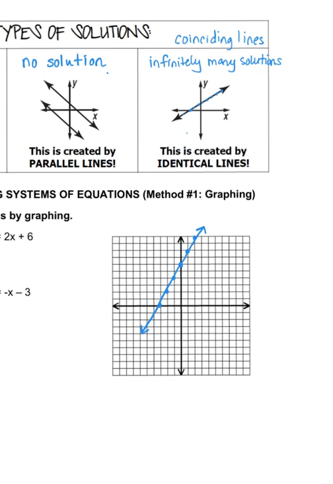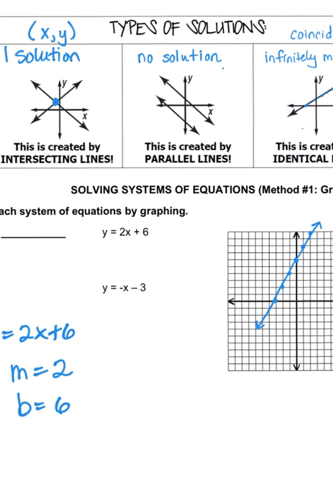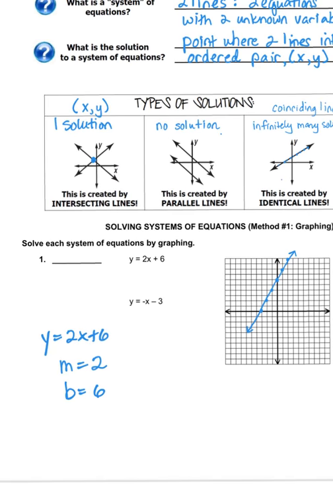Now if I go back to my other equation, I'm going to switch up colors on you. Let's do green. If I have y equals negative x minus 3, then my slope is negative 1, and my y-intercept is negative 3.